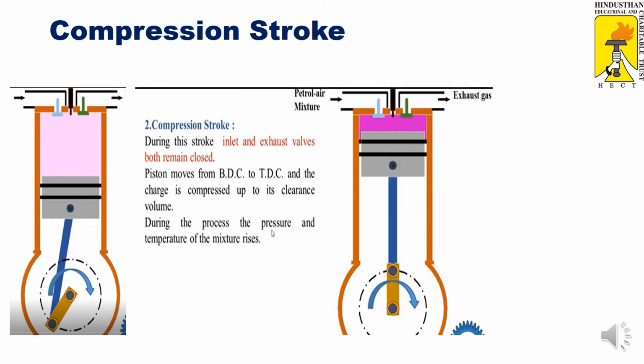Both valves are closed, so the air and fuel mixture gets compressed. Compressed means the volume is reduced, so the pressure and the temperature of the mixture increase. As the pressure increases, the temperature also increases in this stroke.